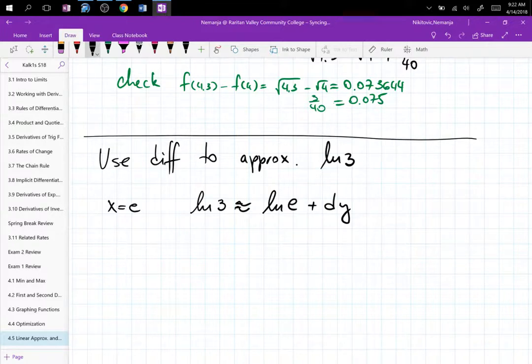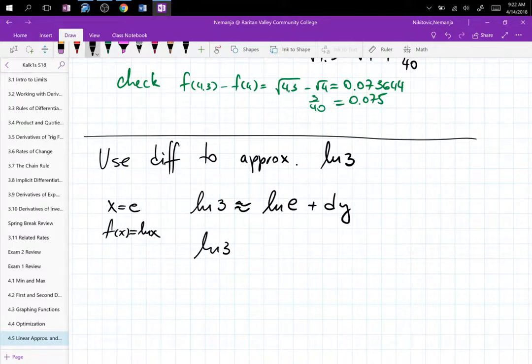So ln of 3 should be approximated by ln of e plus whatever the change in y is, and that's where the differential kicks in. The specs are, we are using x equals e and f of x equals ln x as a function. So now all I need to do is to compute dy.